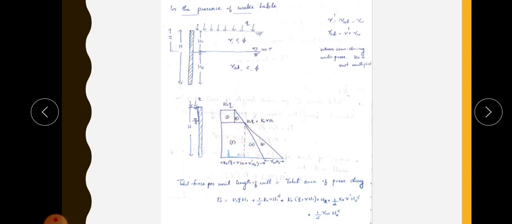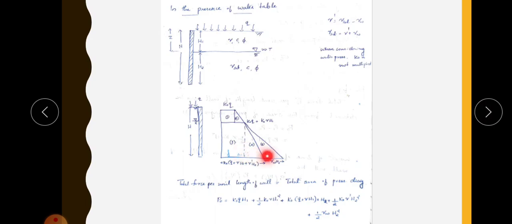Next we have to consider the earth pressure due to this soil and the pore water pressure, because the water table is here. So this soil will be in submerged condition and there will be pressure due to this water also. So there will be two components. First I have drawn the lateral pressure due to the backfill soil. What will be that value?